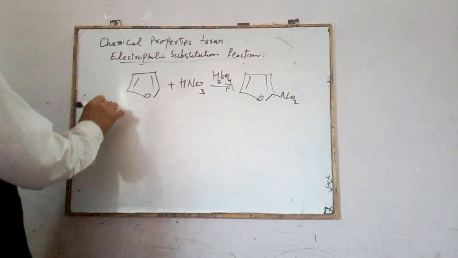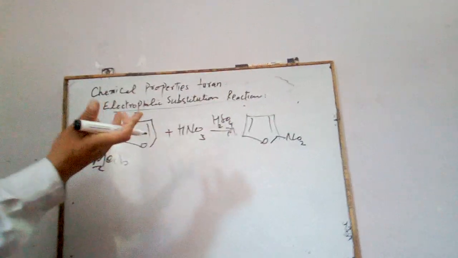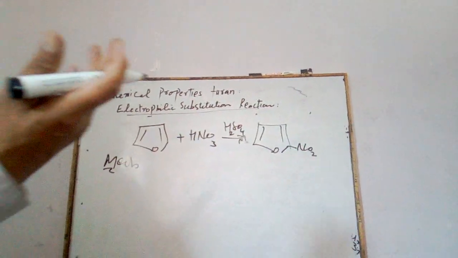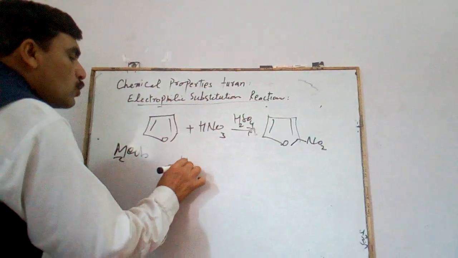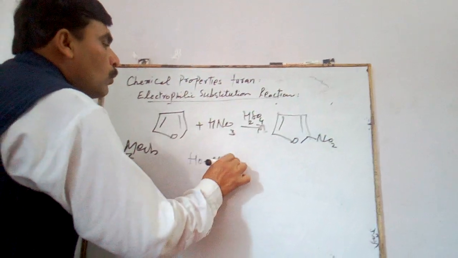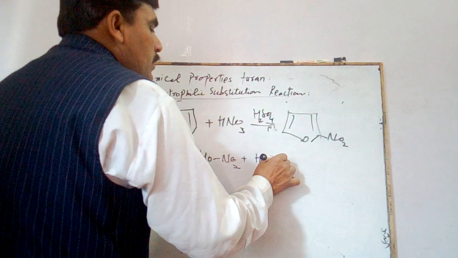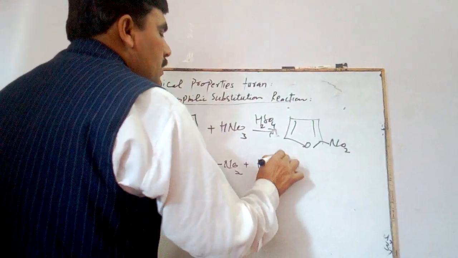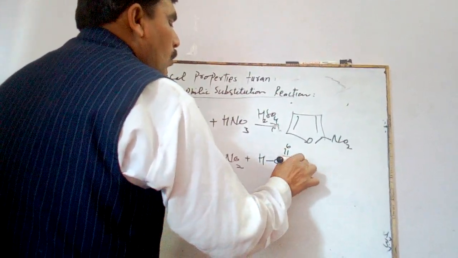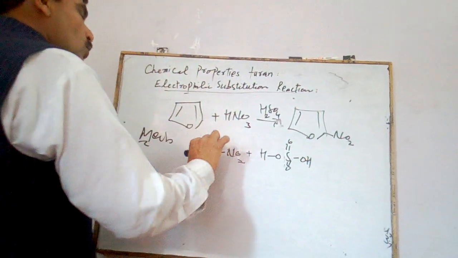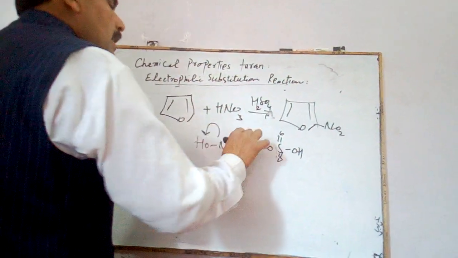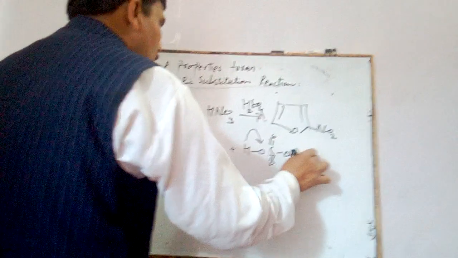अगर हम इलेक्ट्रोफिलिक मैकेनिज्म देखना चाहें तो the mechanism will be taking place the same as in others. देखें, HONO2 plus H OSO2 OH. ठीक है. So this bond will be broken in this direction, this will be broken in this direction.